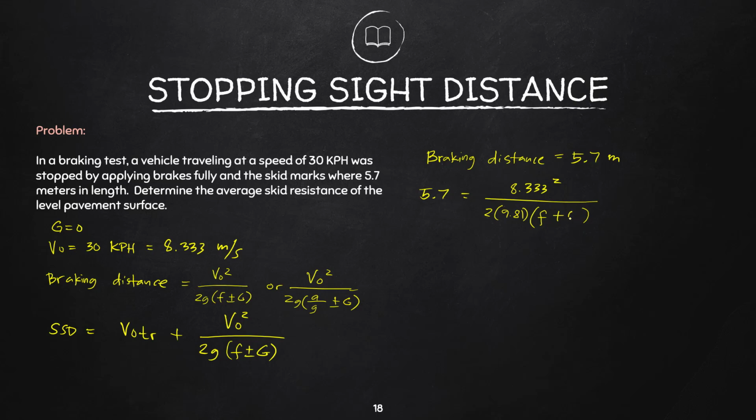So F here is now equal to, cross multiplying, 8.333 squared, 2 times 9.81 is 19.62, times 5.7, and we now have your skid resistance, the average skid resistance. This is equal to 0.62.